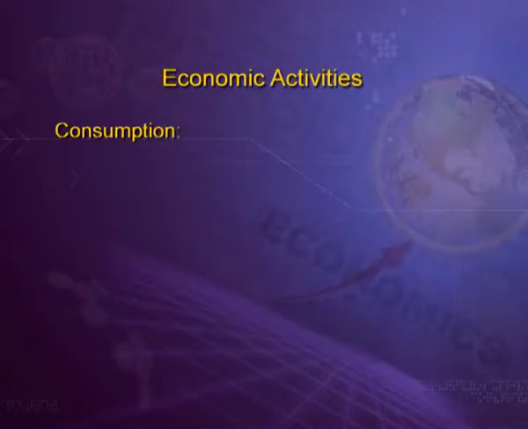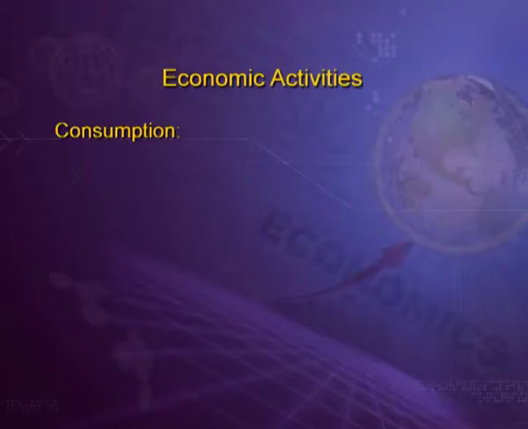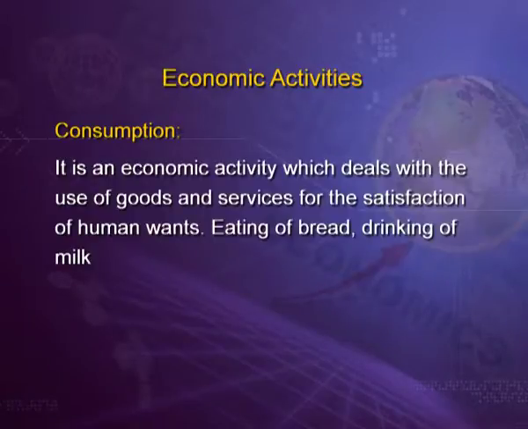The next part is the elaboration of each activity. They can be divided into consumption, production, exchange and distribution. The first one is consumption. The term consumption is quite common, and we all use it in our real life, but it is an economic activity.